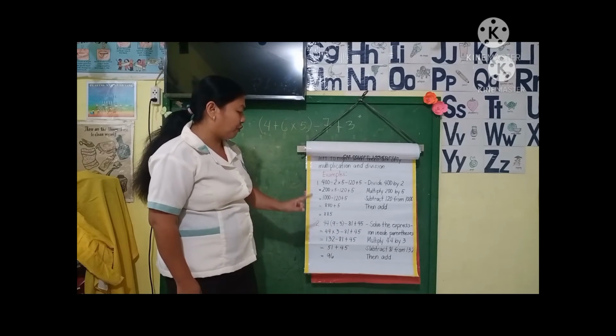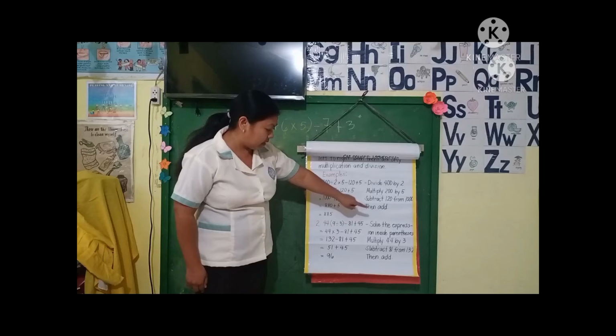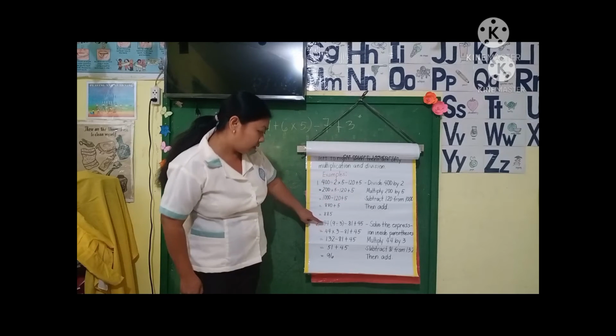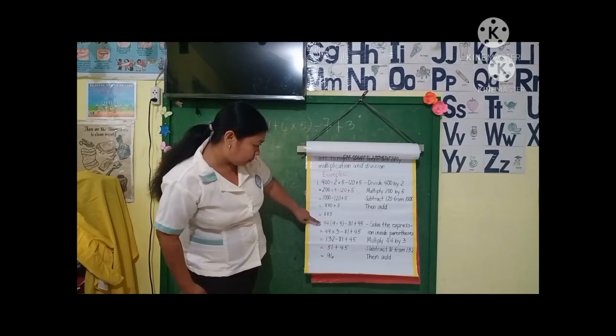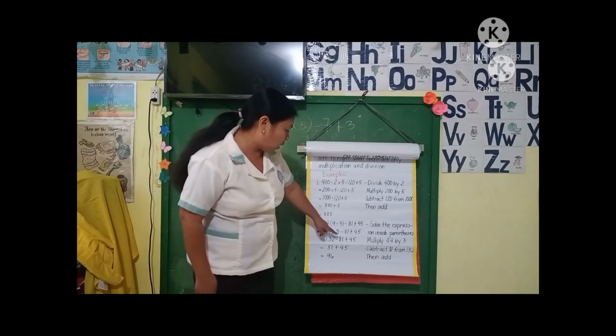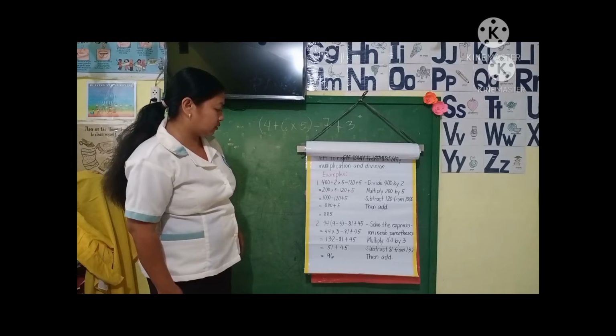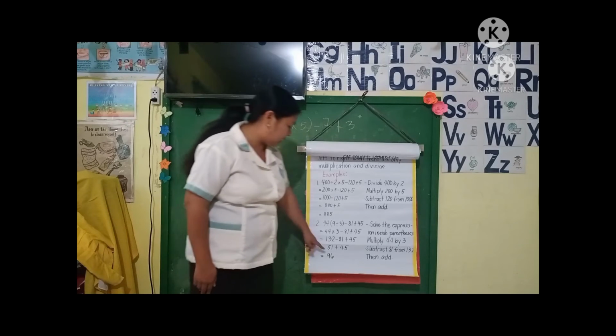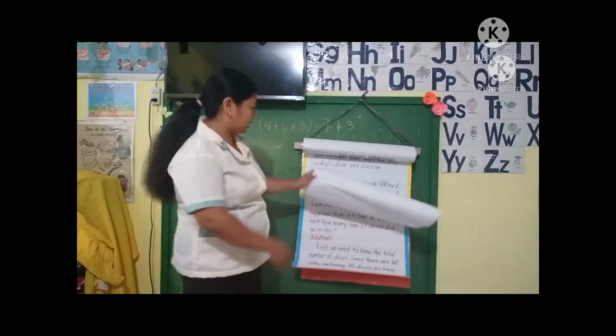So, multiply 44 by 3, which is 132, and then subtract 81 from 132 and then add. So, the answer is 96.